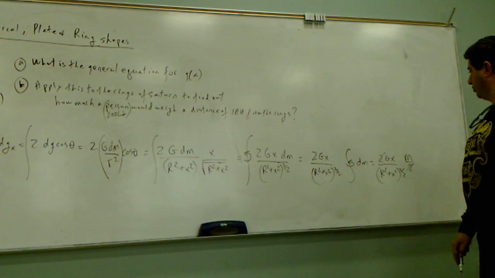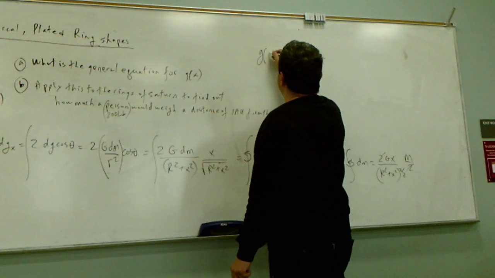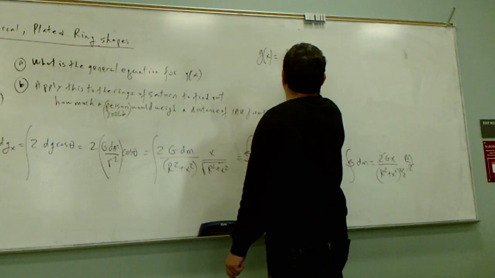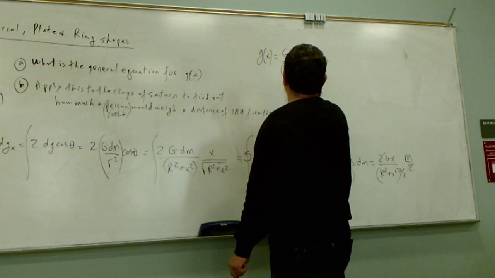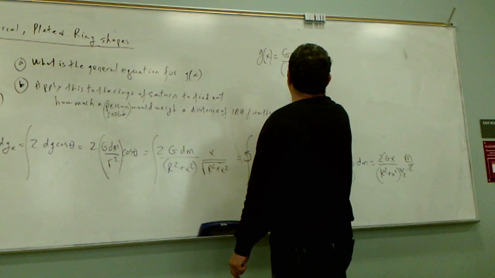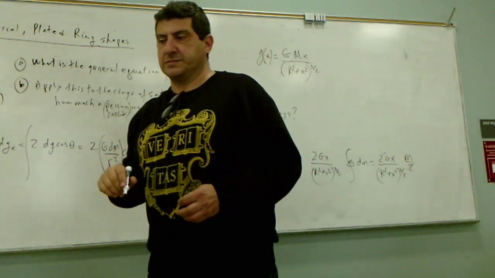And then that 2 and this 2 will cancel. And then so you have the general equation. There it is. g of x is equal to G m x over (r squared plus x squared) to the 3/2 power. Okay?